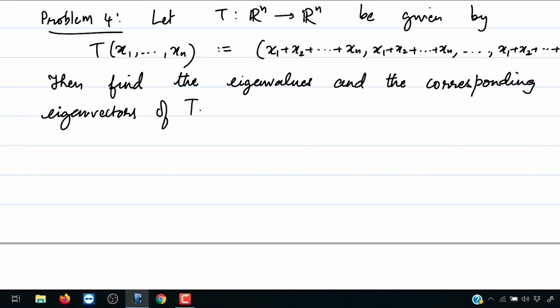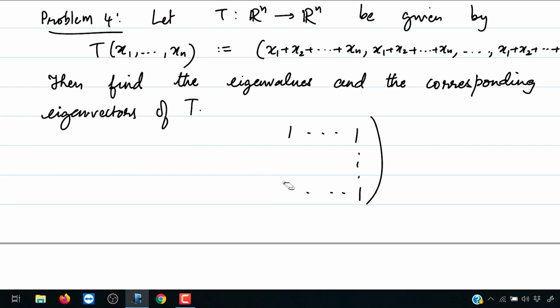That's something which you should go back and check. If the problem is to be rephrased in the language of matrices, this will be the statement: let A be the n cross n matrix where every entry is 1, and then find the eigenvalues and corresponding eigenvectors of this particular matrix.